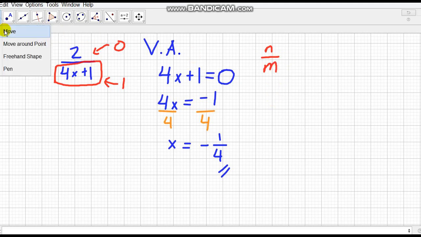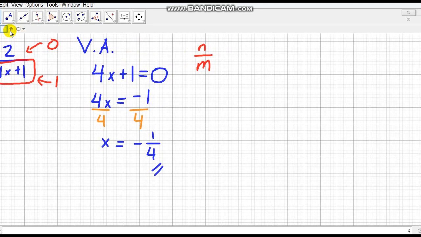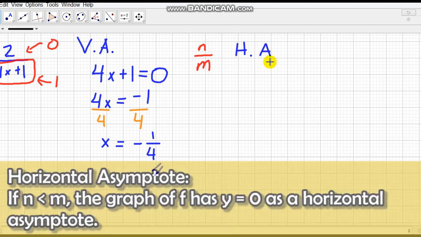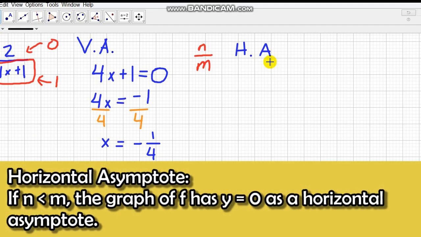Now there are rules here that we're going to compare. So let's have the horizontal asymptote. Now, if n is less than m, then the graph of f has y equals 0 as a horizontal asymptote.